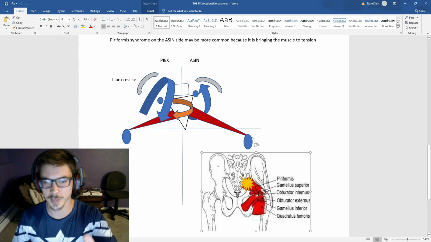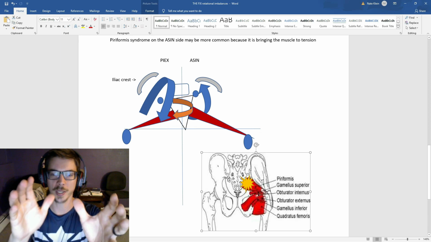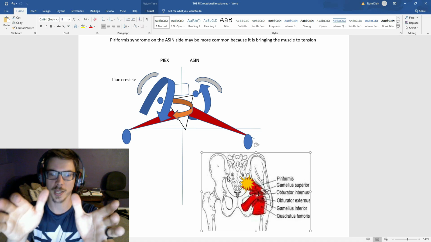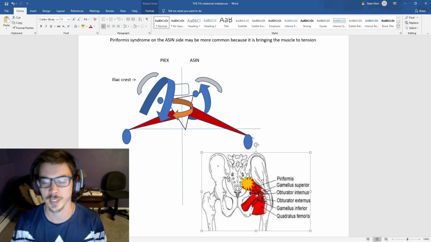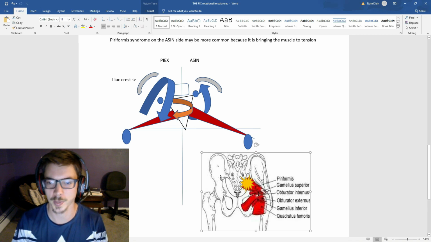And if you think about this, rotating posterior exterior is not going to be a problem. But if the ASIS comes up, that's when it can really push that ilium, drive that sciatic nerve into the piriformis muscle.